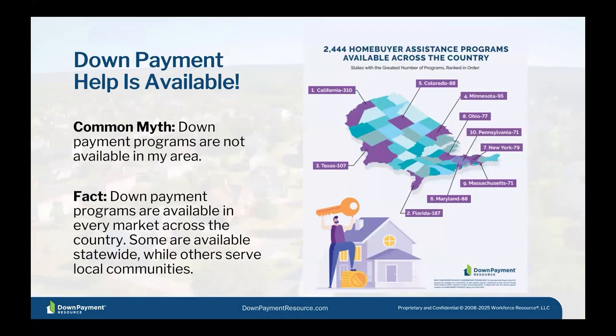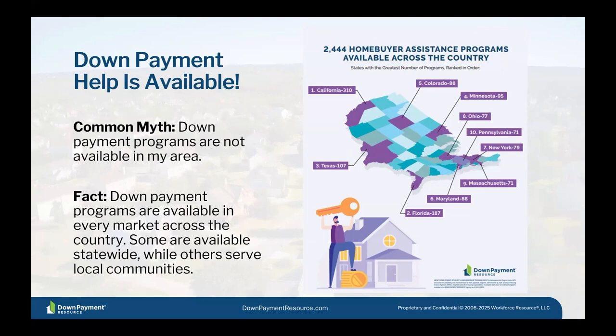So it's a common myth for people to think that down payment programs aren't available in specific areas. However, down payment programs are in fact available everywhere. High cost markets, low cost markets, urban, rural, every state has a housing finance agency whose programs are available statewide, plus all the local programs in each market.